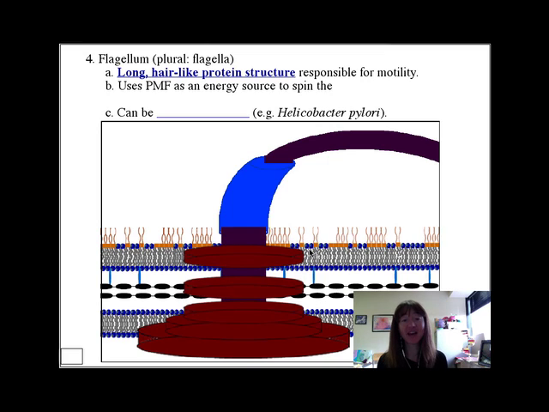And I hope that as you're looking at this, I'm totally picturing Olivia saying, hey, that's a gram-negative cell wall, and I can tell because there's an outer membrane, there's an inner membrane, there's a periplasmic space, and a very thin layer of peptidoglycan. I also see the LPS on there. So this must be a motile gram-negative bacterium, and we can see how the flagellum is rooted into the cell wall by what we call the basal body.